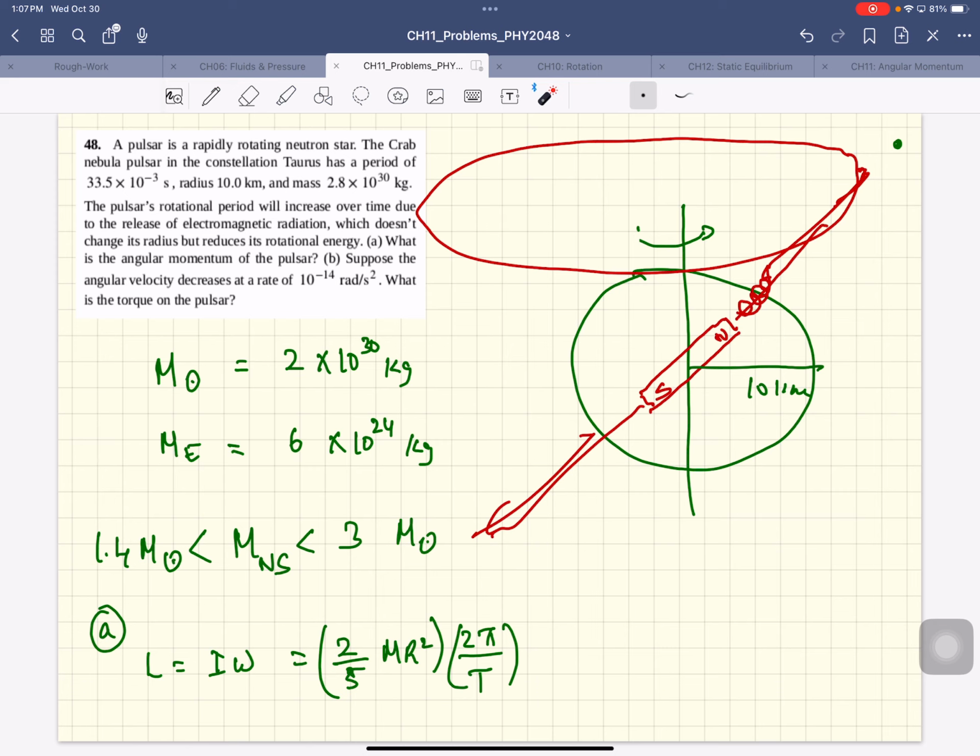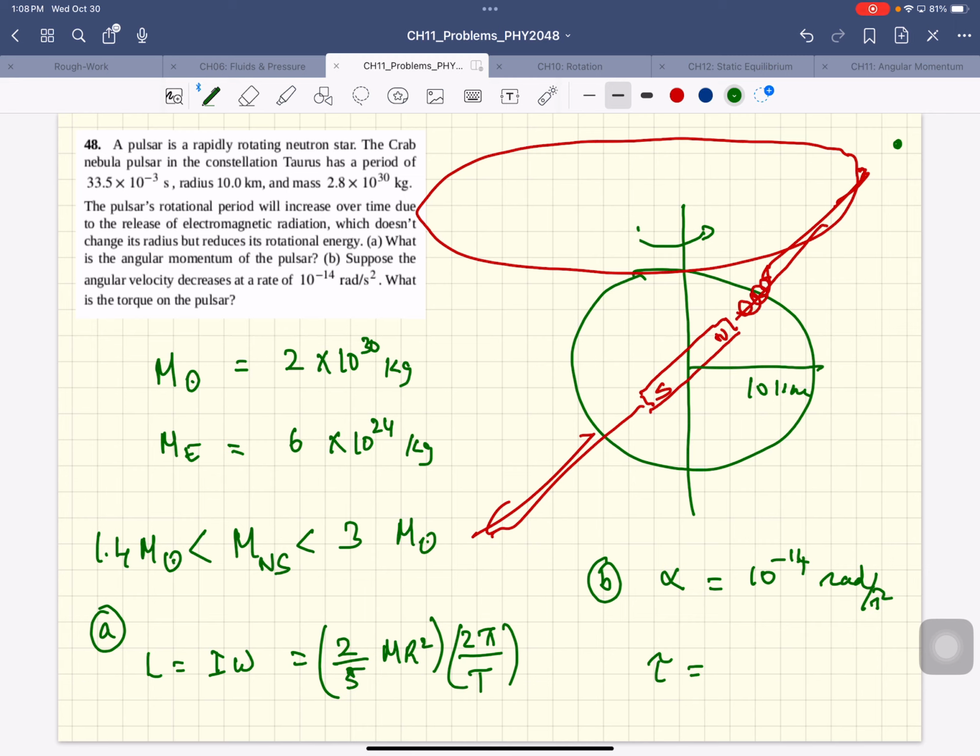B, suppose the angular velocity decreases at the rate of that. What is the torque on the pulsar? So they give you the angular acceleration is 10 to the minus 14 radians per second square. And so what is the torque on it?